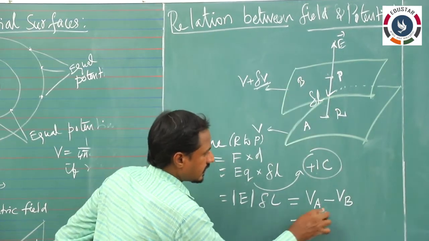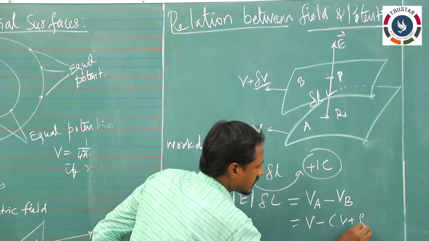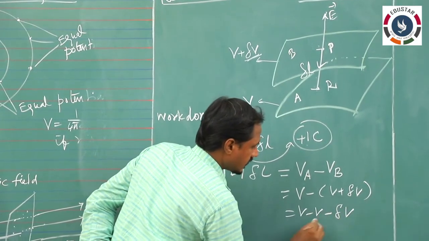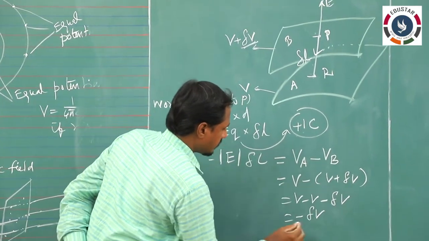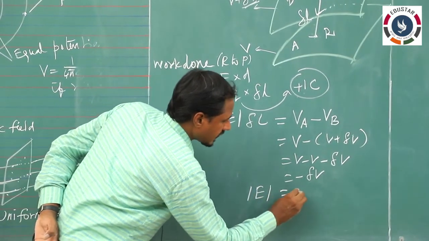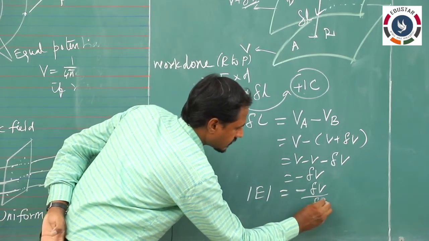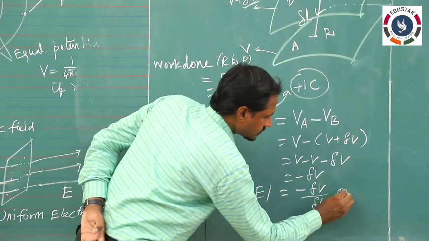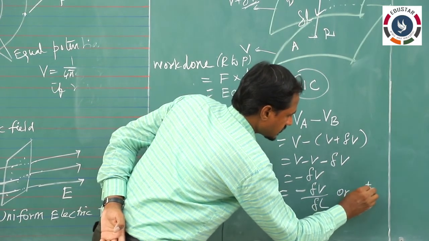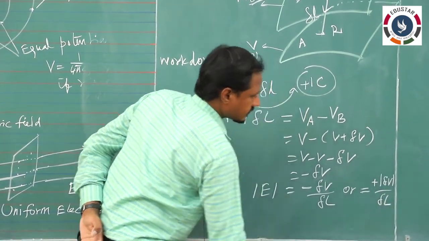Substituting the VA and VB values, that is V minus (V plus del V), we can write V minus V minus del V, so minus del V. In order to know the electric field only, del L comes here, which is equal to plus modulus of del V divided by del L.